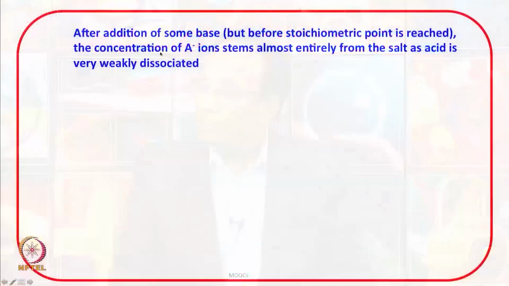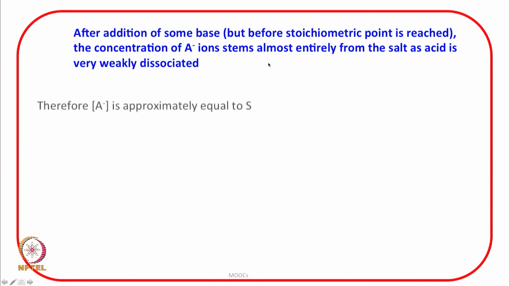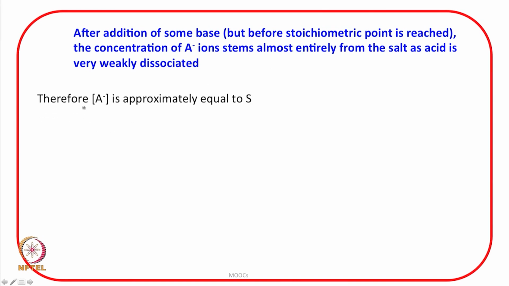Therefore, I can approximate A minus as S, the concentration of salt. And therefore, the new molar concentration of acid will be A, whatever it was, minus S, where S is the concentration of the salt.